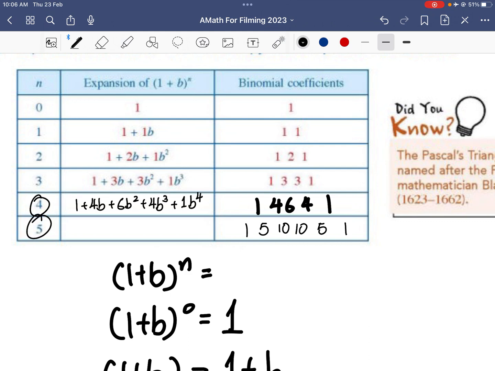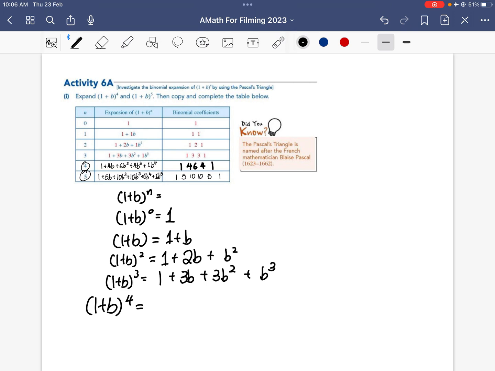Similarly, if I expand (1 + b) to the power of 5, I get 1 plus 5b plus 10b squared. Just notice the pattern: plus 10b cubed, plus 5b to the power of 4, and plus 1b to the power of 5. So that's how the Pascal triangle actually helps us to find the coefficients when I expand this binomial itself.